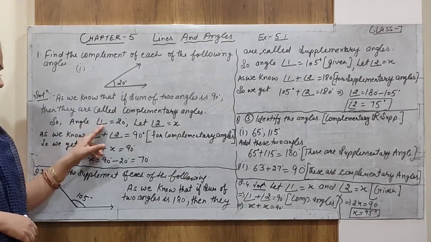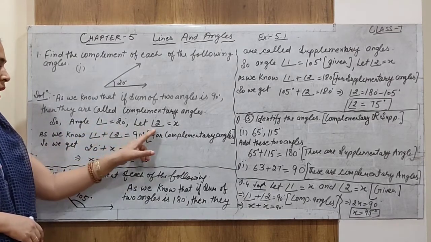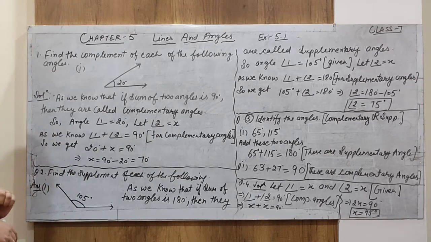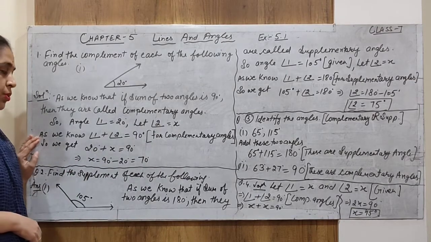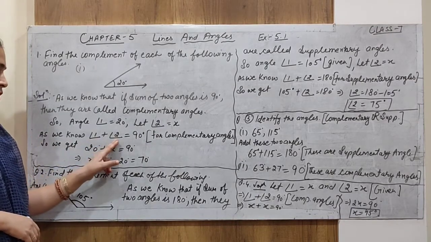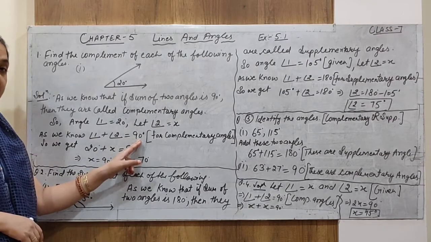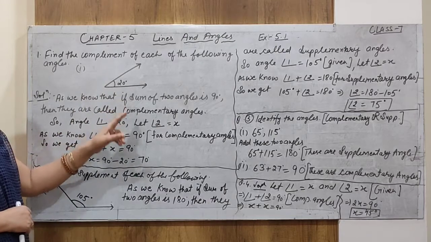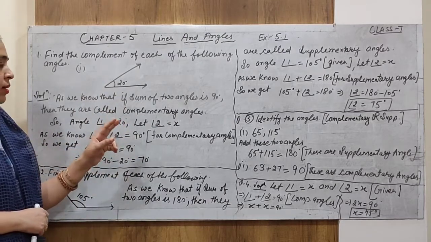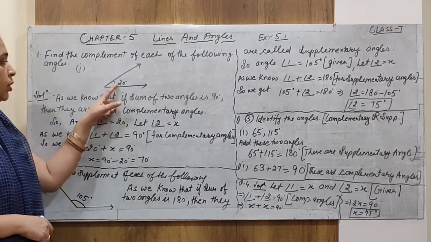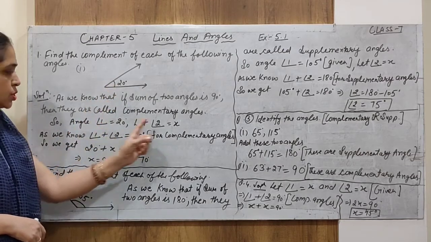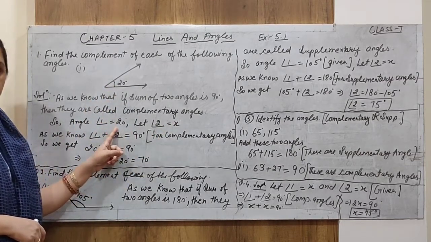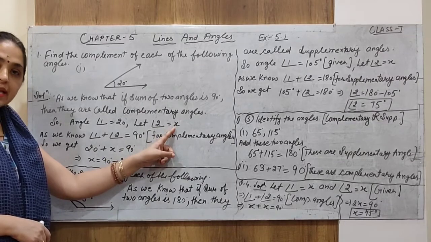So angle 1 is equal to 20 degrees, angle 2 is equal to x. Now as we know, angle 1 plus angle 2 is equal to 90 degrees. Why 90 degrees? Because you have to find the angle which is the complement of this angle, and we suppose two angles: one is 20 degrees and the second is x.